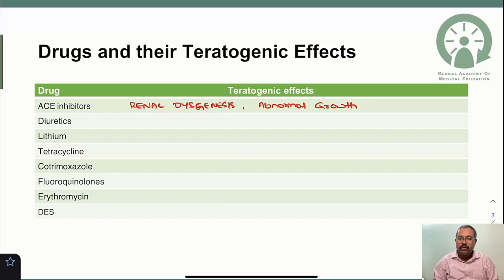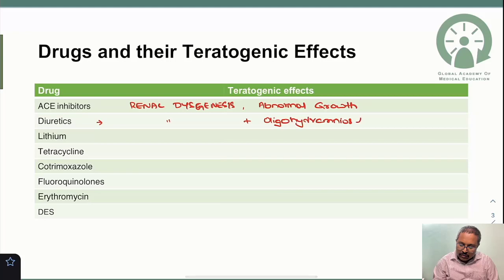So there will be defective growth. So what about the diuretics? Diuretics can also cause renal dysgenesis as well as abnormal growth. Apart from that, it also causes oligohydramnios, which can lead to abnormal fetal development.